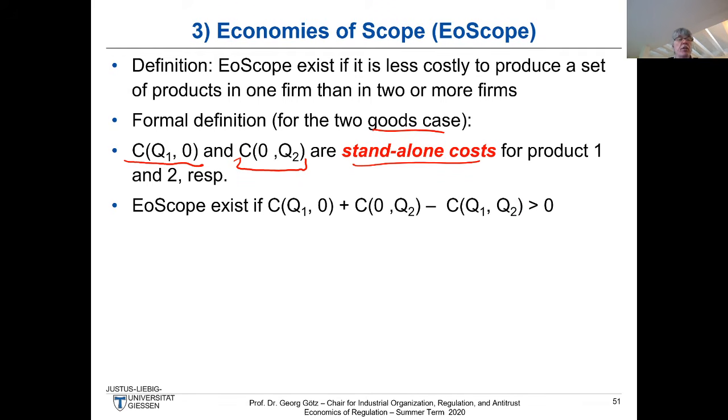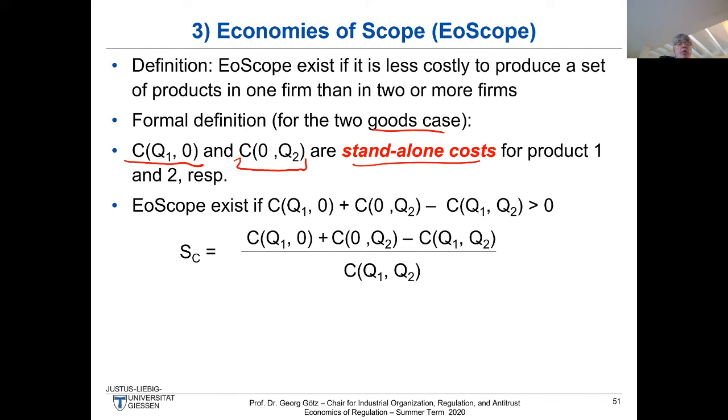We would have global economies of scope for Volkswagen if the costs of having all these different brands and different models are lower if they all are in one company.